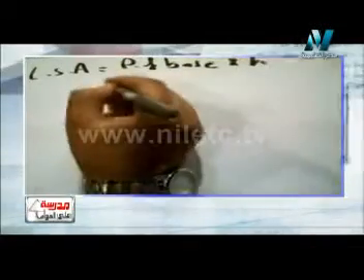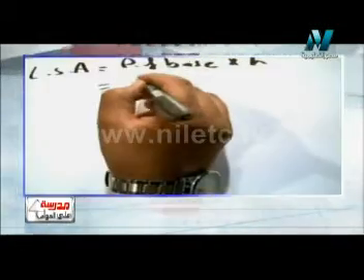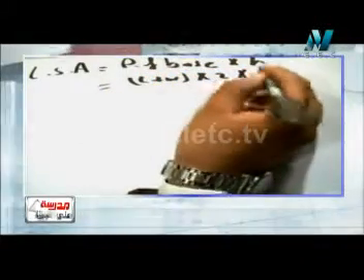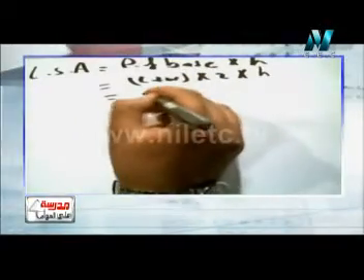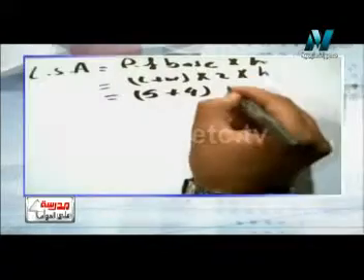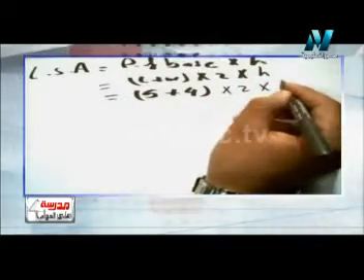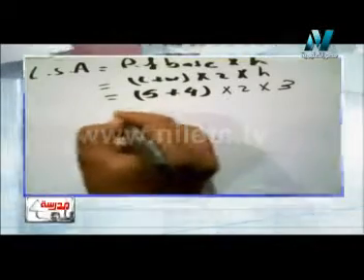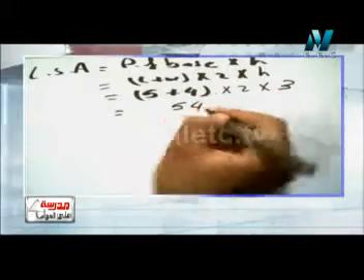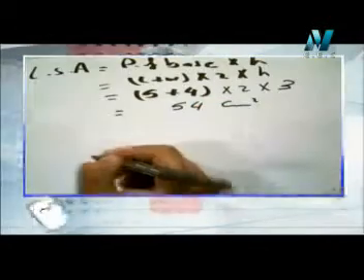Equal perimeter of base, length plus width times 2 times height. Length plus width, length is 5 plus width is 4 centimeters times 2 times the height is 3. Equal, we can use the calculator to find it, equal 54 centimeter square.